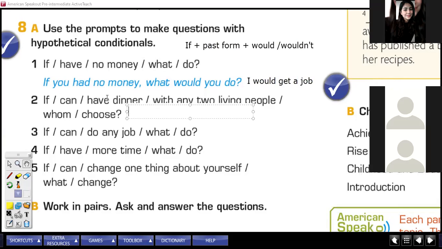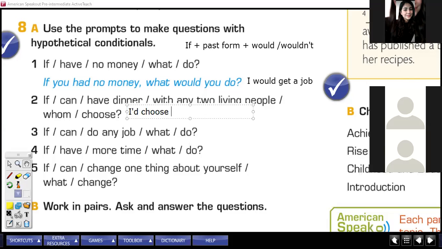I would choose any 2 living people. Dinner with any 2 people. One person, anyone, another person, anyone. Whom would you choose? A celebrity, a writer, a singer.